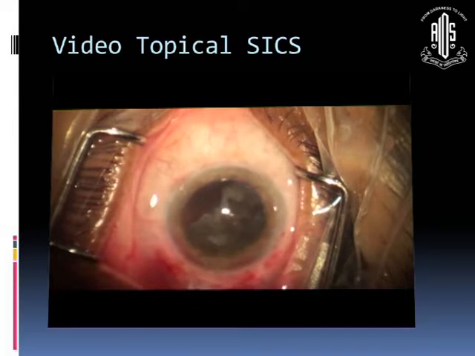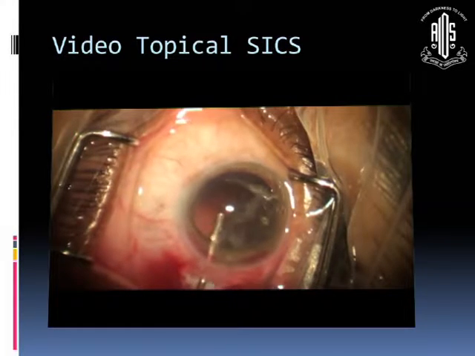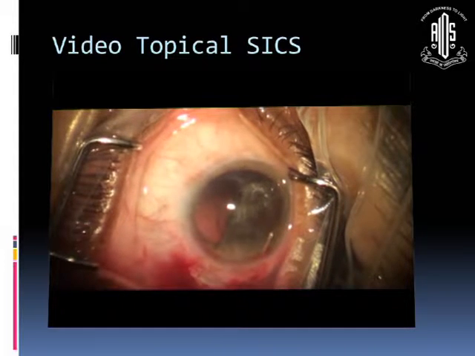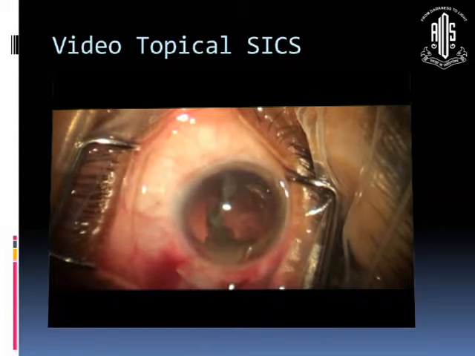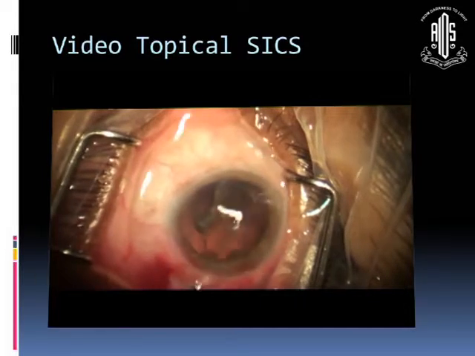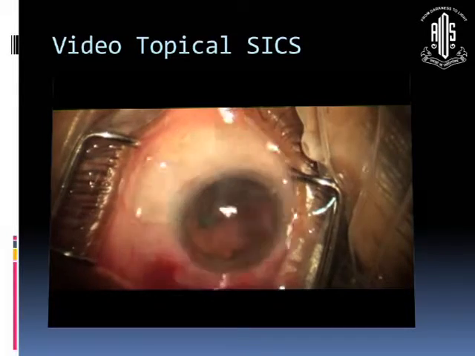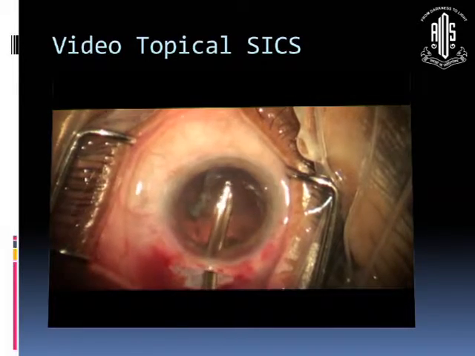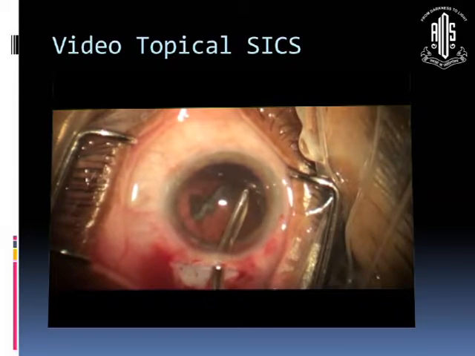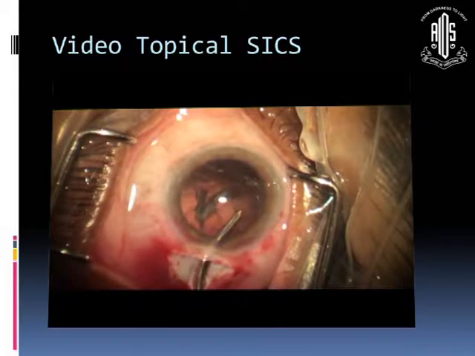The rest of the epinucleus is visco-expressed. The cortex is washed.